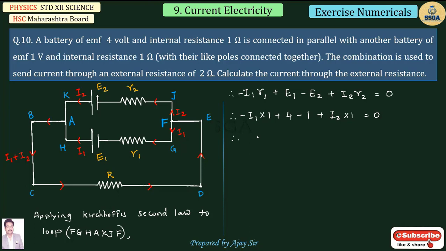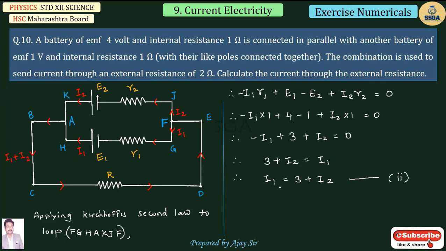Minus I1 into 1, that is minus I1, plus 4 minus 1, that is 3, plus I2. Let us shift the I1 term to the right hand side, so this becomes 3 plus I2 equal to I1, or we can write I1 equals 3 plus I2. Let us call this equation number 2.